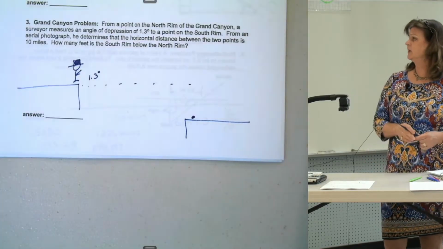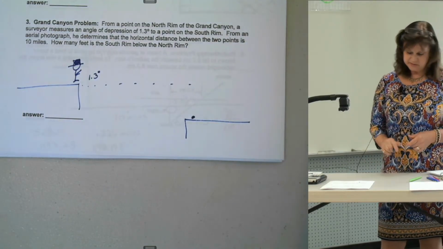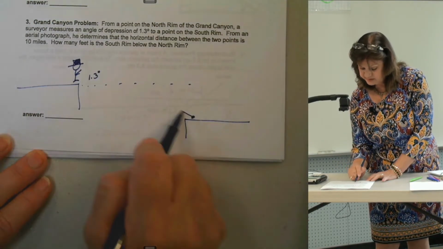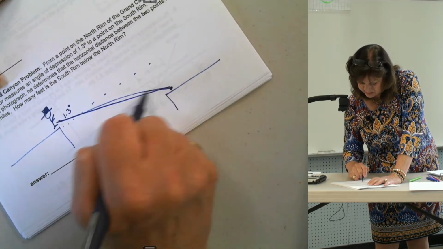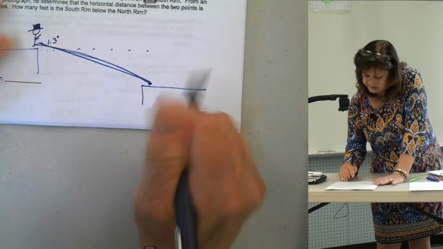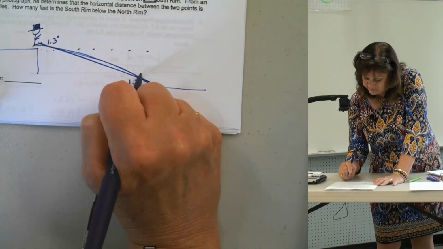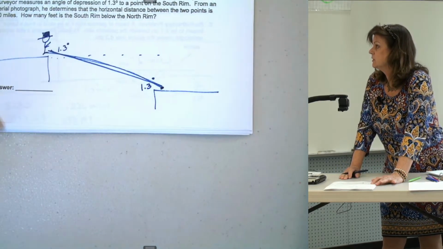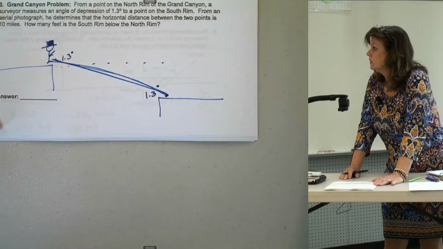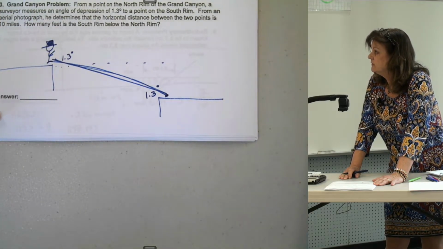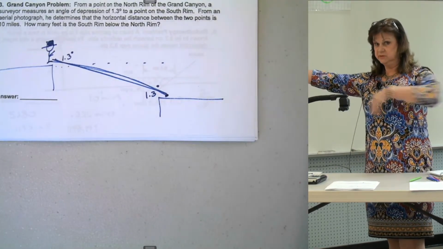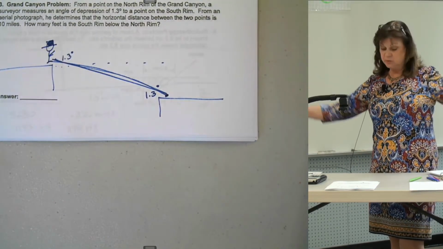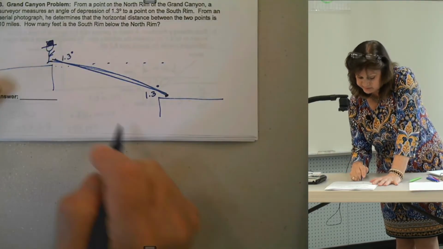Okay, if that's my angle of depression, it means what? From the south rim to him, we have an angle of elevation of 1.3 degrees. From an aerial photograph, he determines that the horizontal distance, remember horizontal distance, from the 2 points is 10 miles.